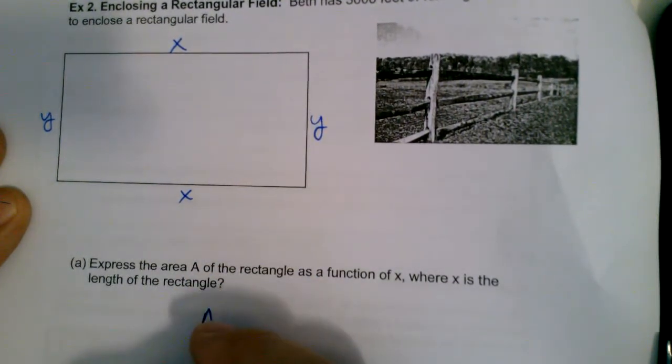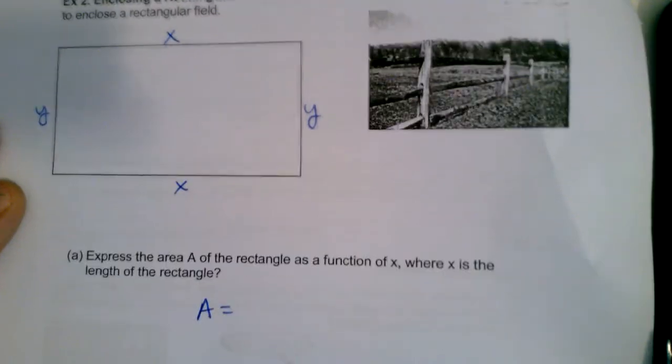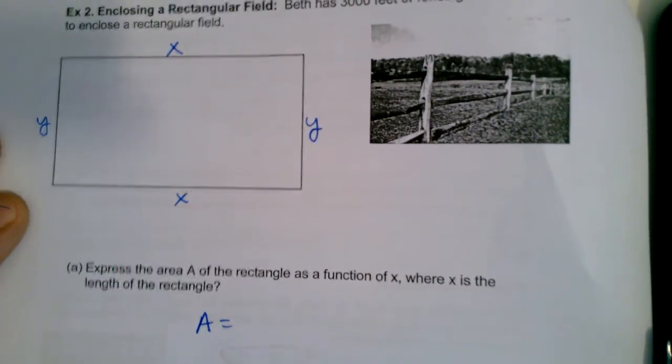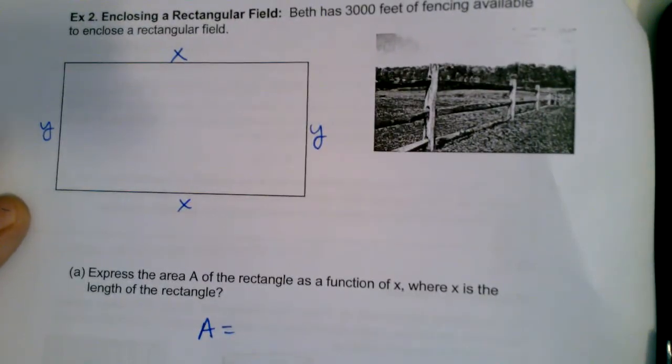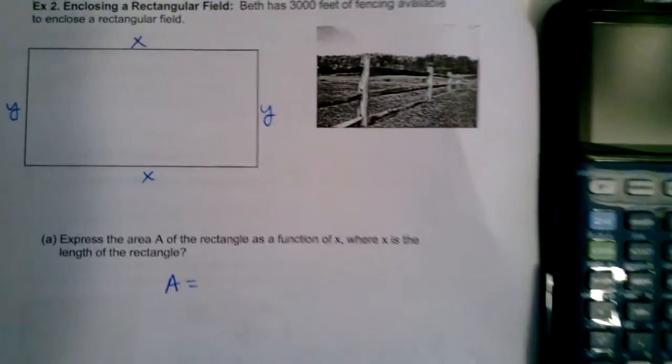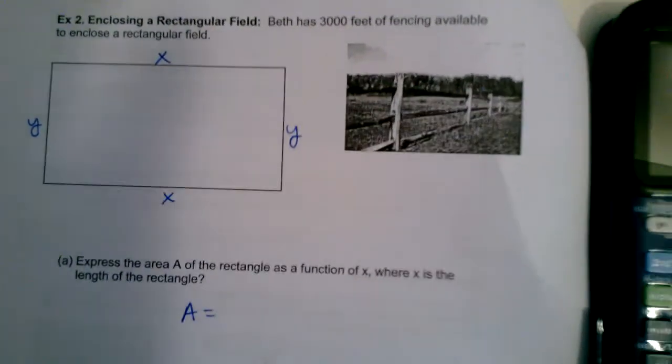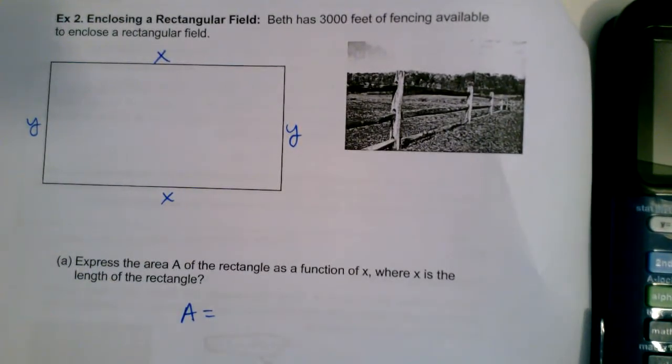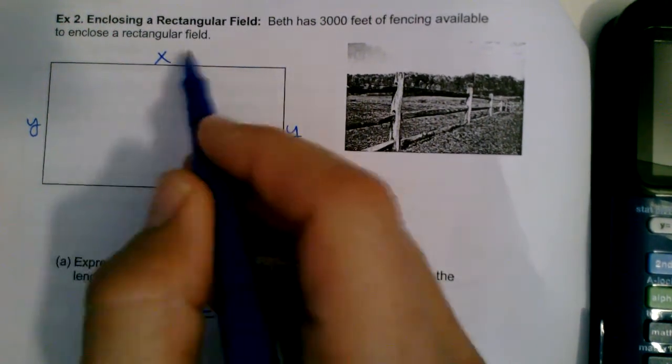Well, right now, what do you guys know of the area of this rectangle from Geom? Area. Length times width. Perfect. Length times width. In this case, I've got x times y.